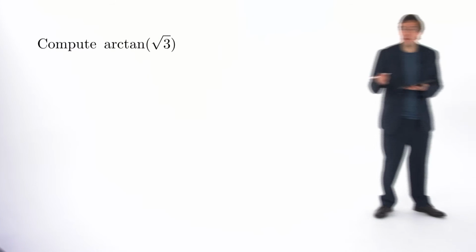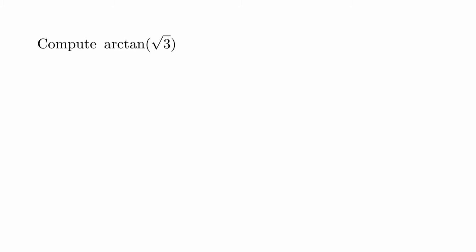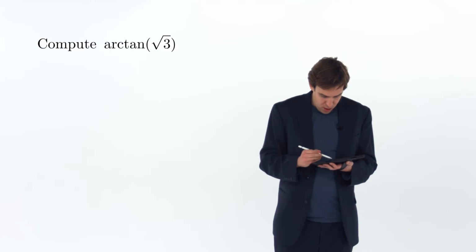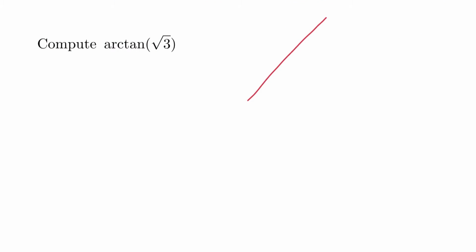So let's look at another example with arctangent. First, we will find one angle which satisfies the desired property, and then we'll use periodicity to say, well, not only is it that angle, but any sort of other multiple of that angle, potentially. So let's look at the picture here.